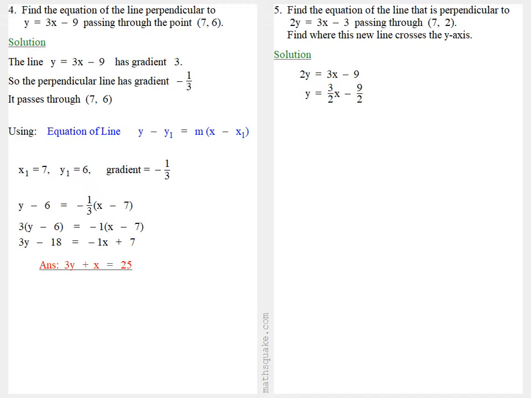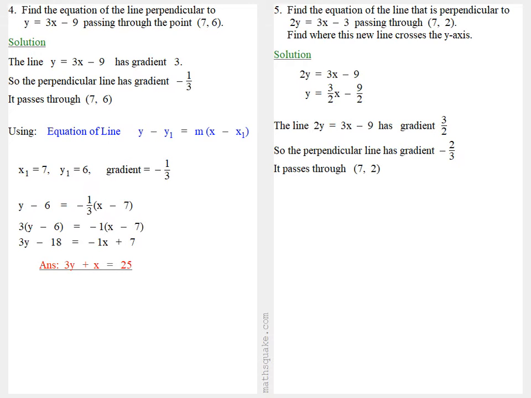This gives us y equals 3 over 2 x minus 9 over 2. So the gradient of the line is the number in front of the x, which is 3 over 2. Now, we want the perpendicular to that line, so the gradient of the perpendicular will be minus 2 over 3.